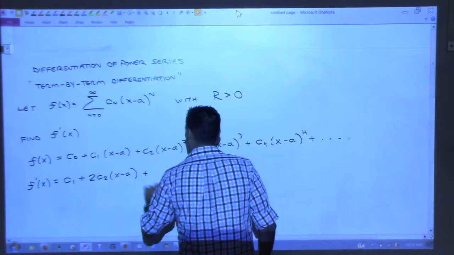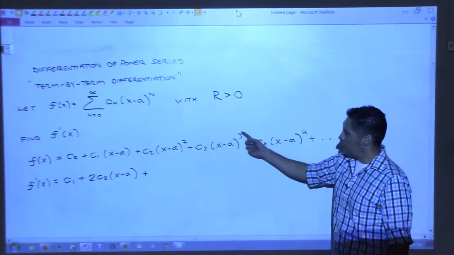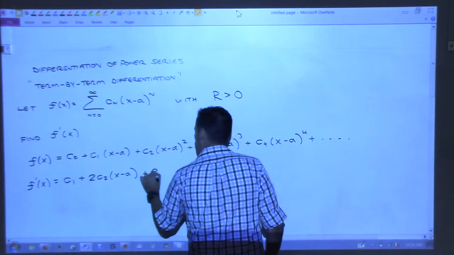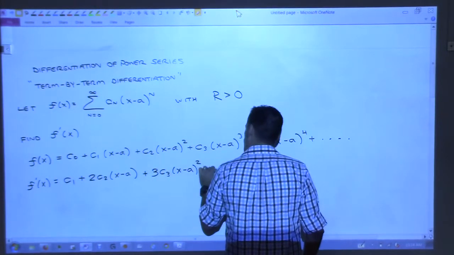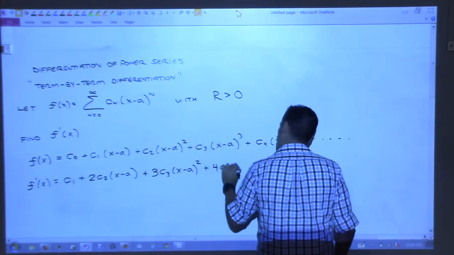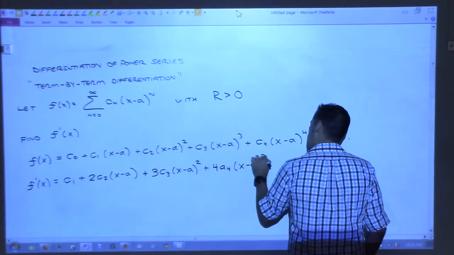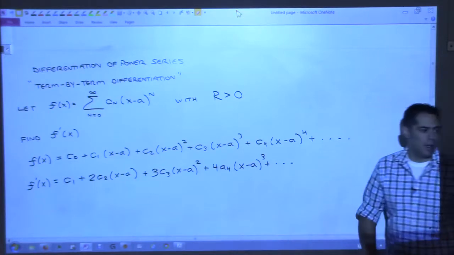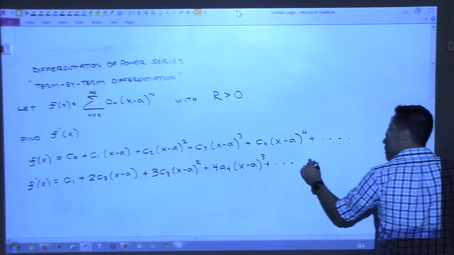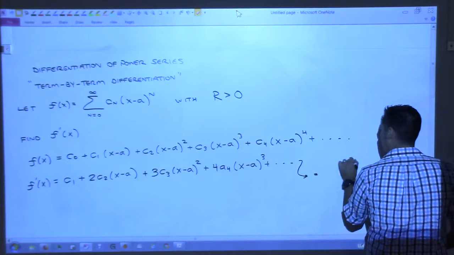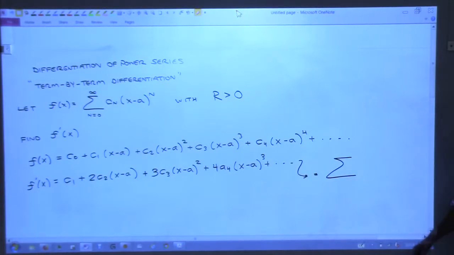Plus, what would the next one be? 3 comes out, 3 c sub 3 times x minus a squared. And the last one, 4 c sub 4 times x minus a cubed, plus, and then that pattern would continue. Do you all agree with that? Okay. Now, can you help me take that expression and write it back as a power series?